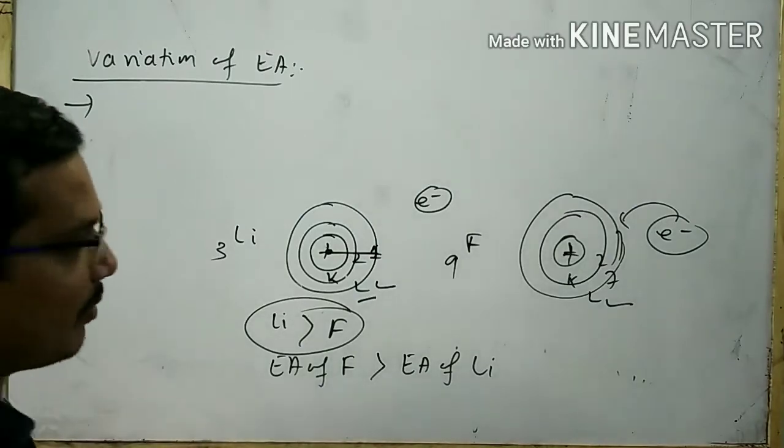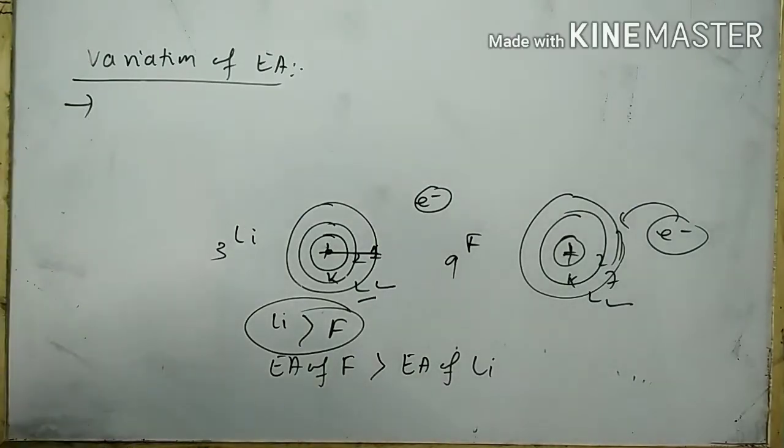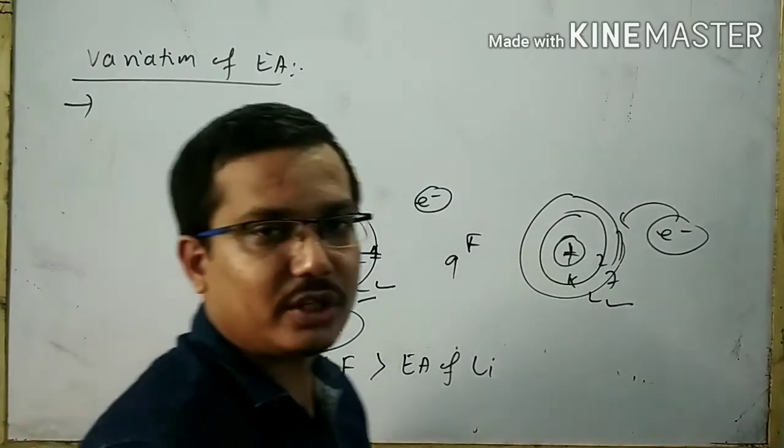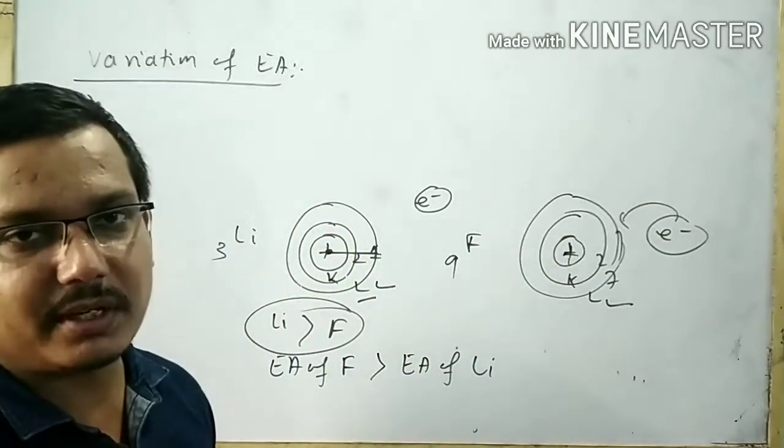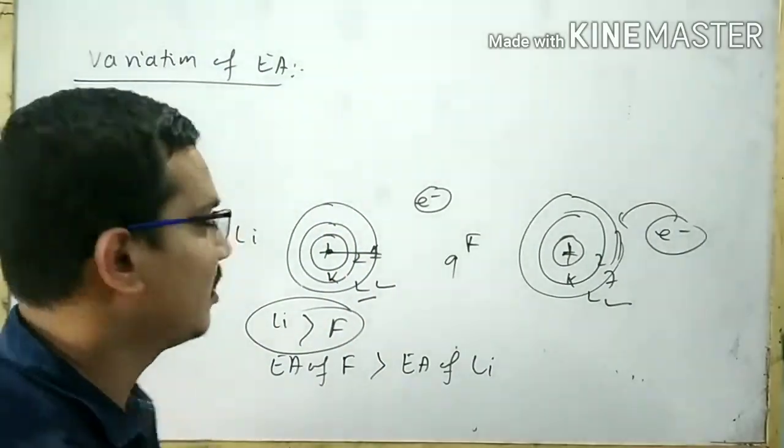That means we can write a point: from left to right the atomic radius goes on decreasing. As a result, the electron affinity goes on increasing.